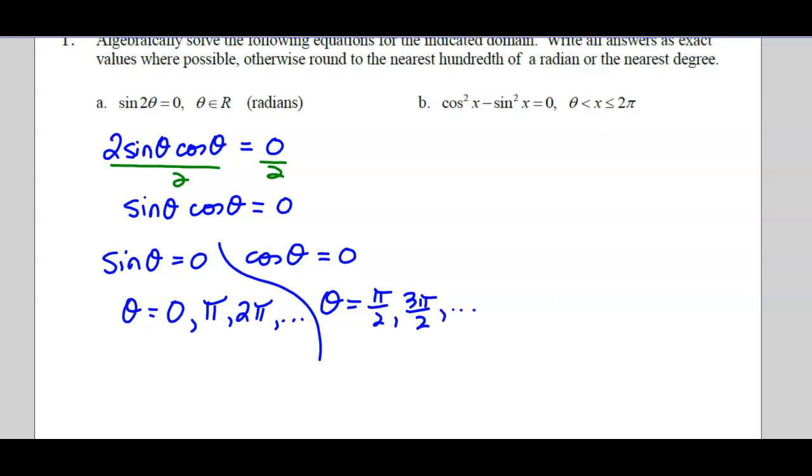Okay, so what does that look like? Maybe we can simplify our general solutions. So 0, pi, 2 pi, etc., and pi over 2, 3 pi over 2. Those are quadrantal angles. So every pi over 2. So we only need one statement for this.